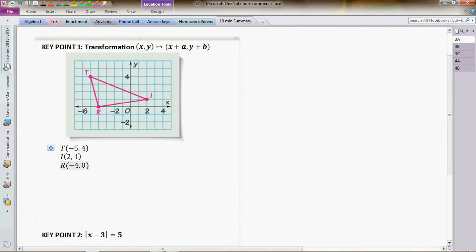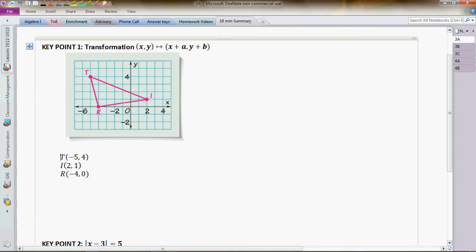Let's apply some rules to these three points. These are the original points, and let's create a rule. For example, x comma y maps to x plus 3 and y minus, for example, 7.